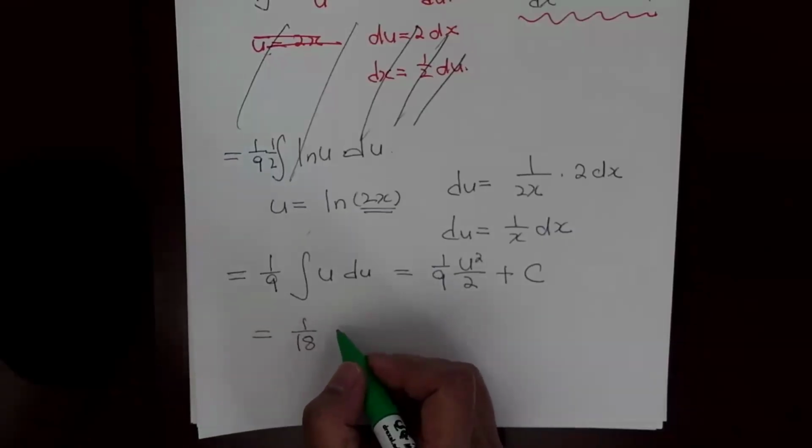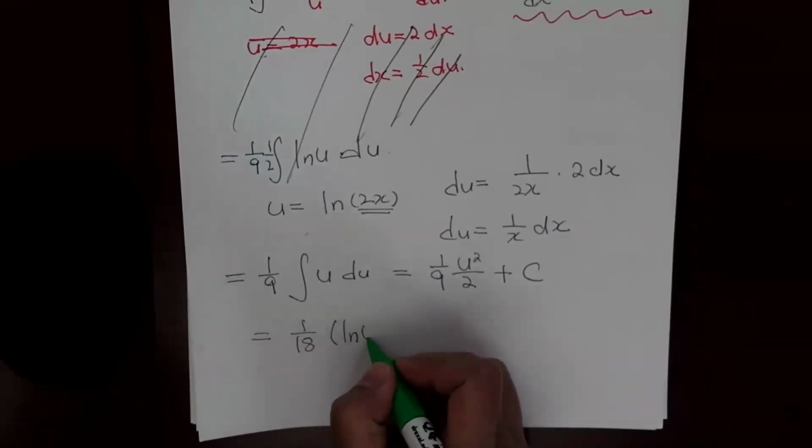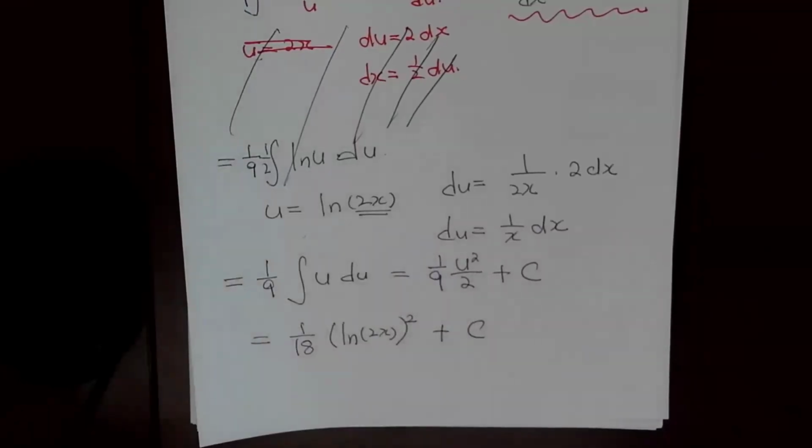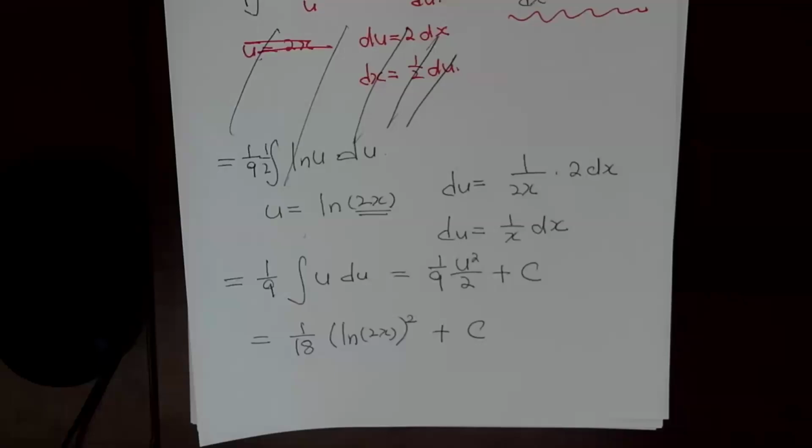U is natural log of 2x, squared, plus c. Do you have any question?